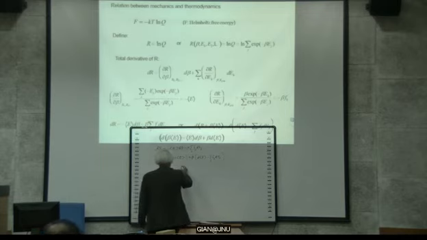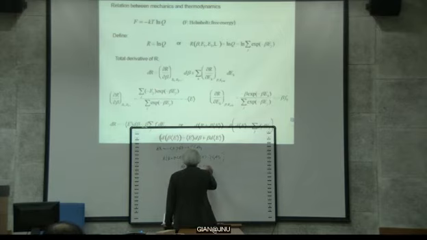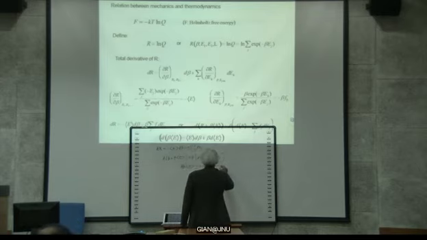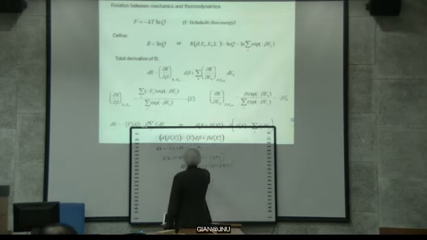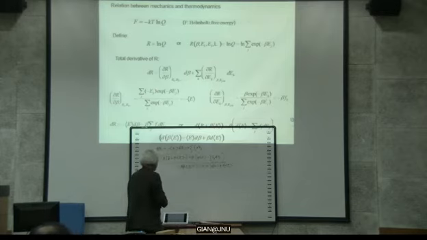Because there's an expression, VE can be E V beta plus beta CE. So putting this one into here, then you get this expression. So question is, what does this mean?